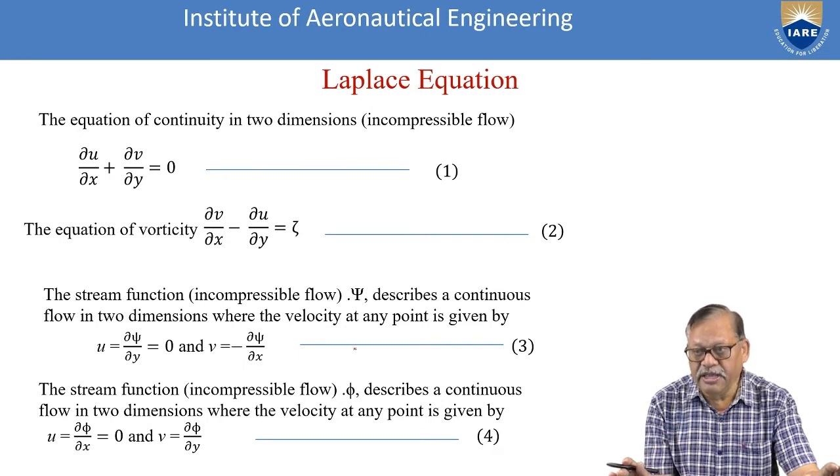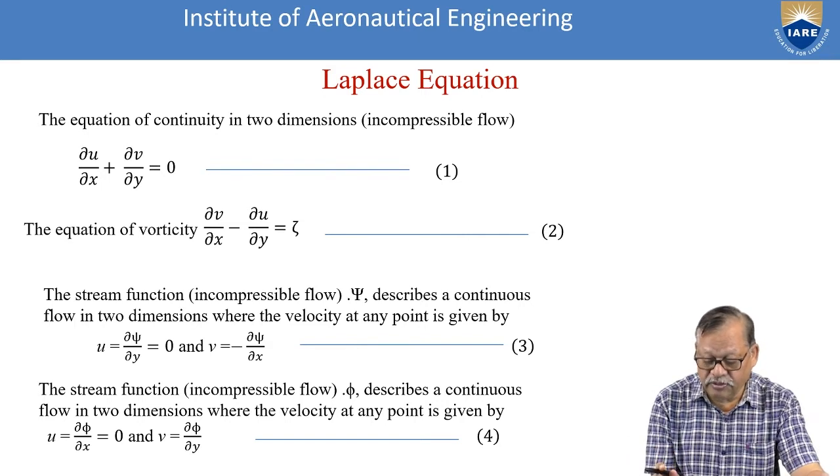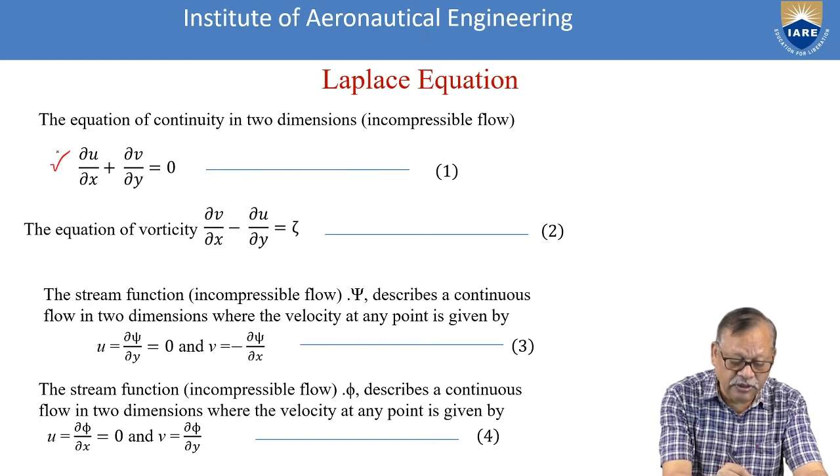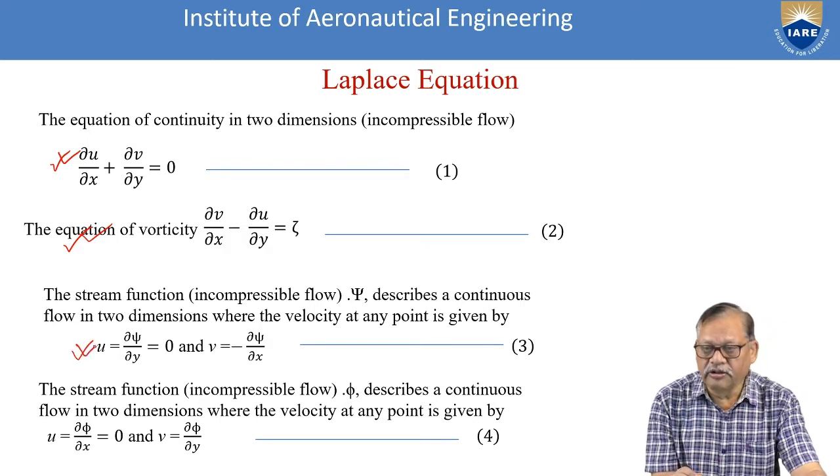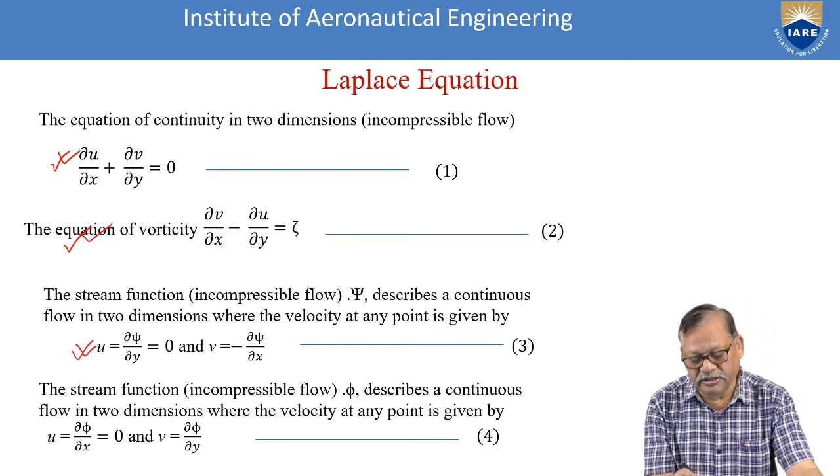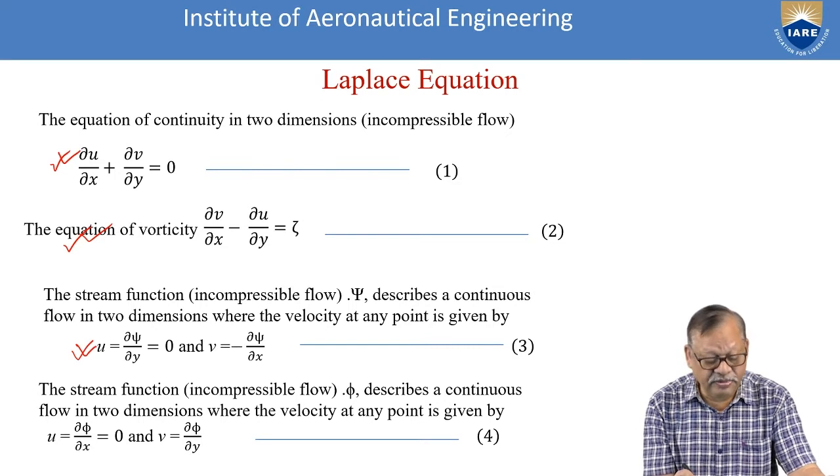Let it be my equation number 3. Equation 1 is the continuity equation, equation 2 the vorticity equation, and equation 3 gives the velocity components u and v in terms of psi.